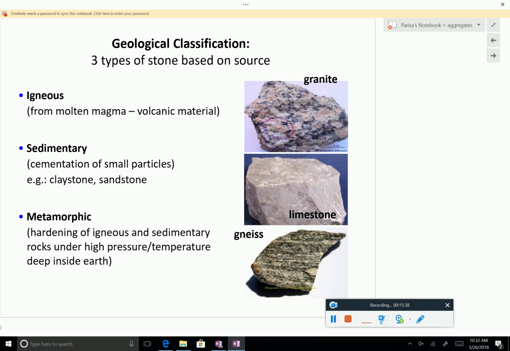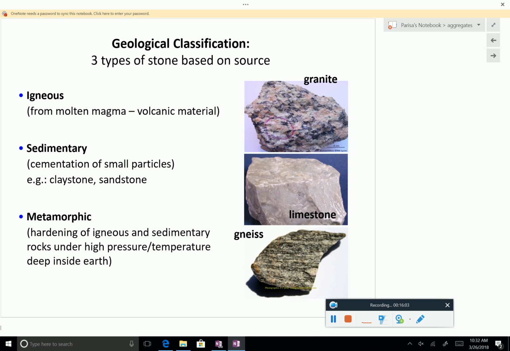Igneous are from the molten magma. Sedimentary is more like after many years of the deposits and cementation of smaller particles that have been deposited, and then metamorphic can be either types after going through high temperature pressure transformation.